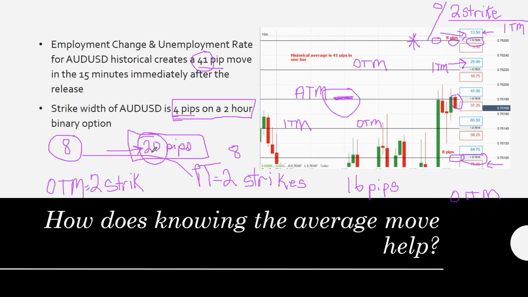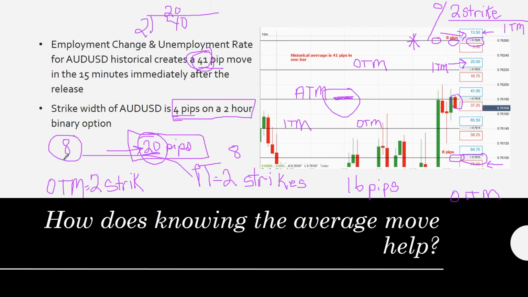Okay, I'm expecting a 20 pip move because I divide this average by 2. So I'm just going to say 40 divided by 2, and that equals 20 pips. Okay? I cannot go further than 20 pips. All right? But because I use profit targets to come out of the market, I know that on average, I have to go 2 strikes in the money.